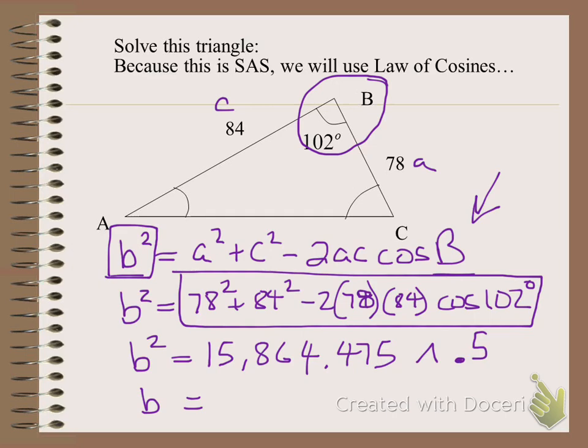Use your exponent key to the 0.5 power, and you get b equals how much? 125.95. Is that right? Okay. 2 decimal places is enough here. 125.95 is our b value.